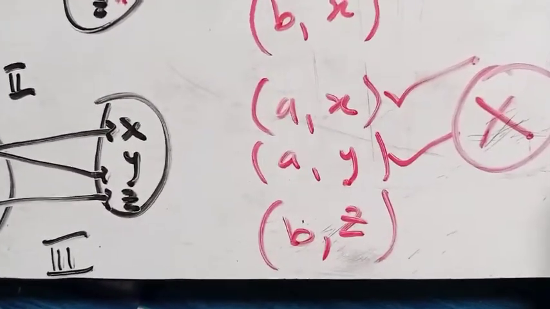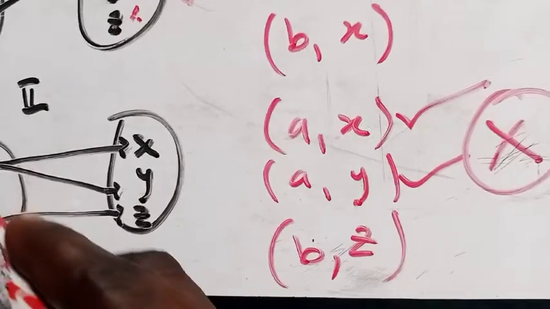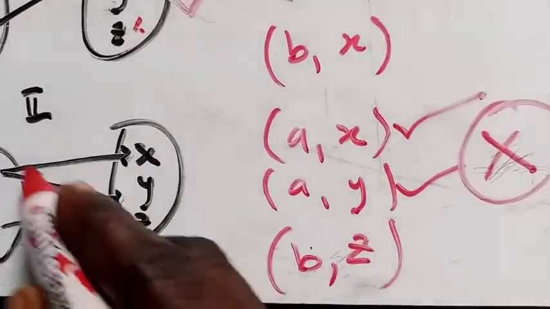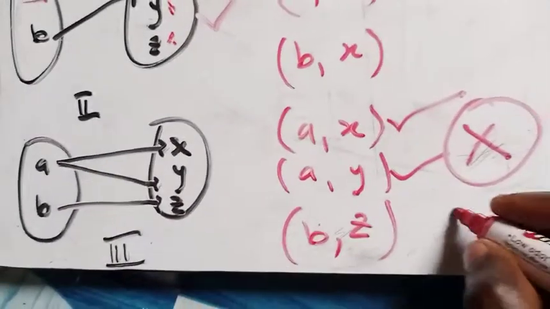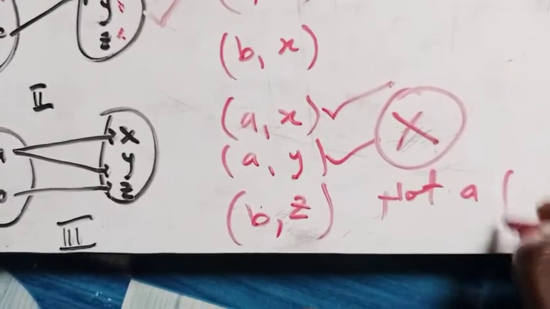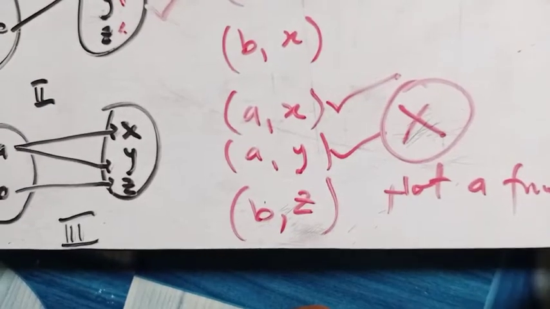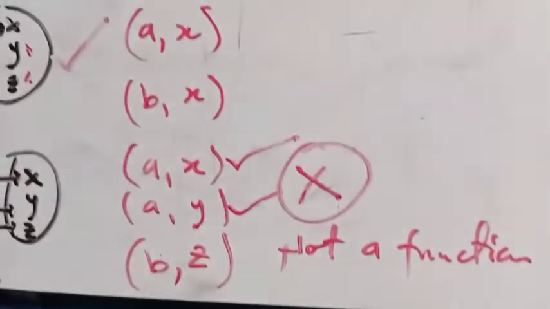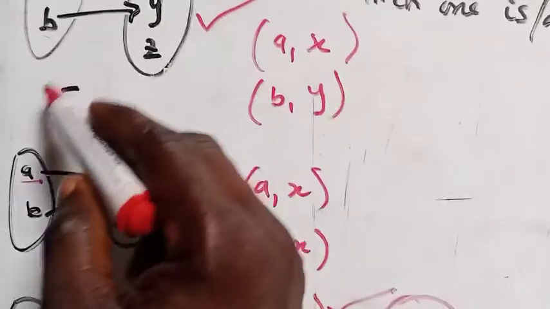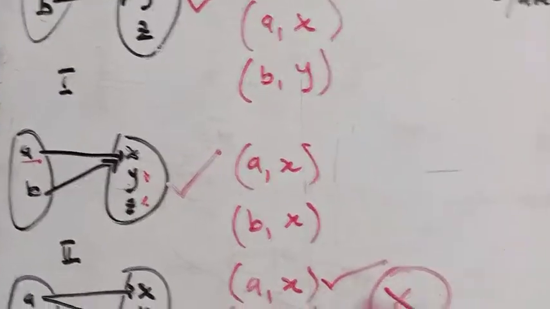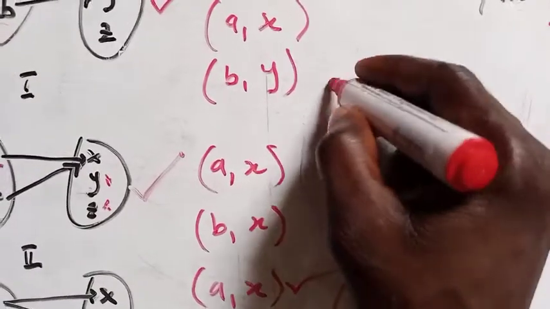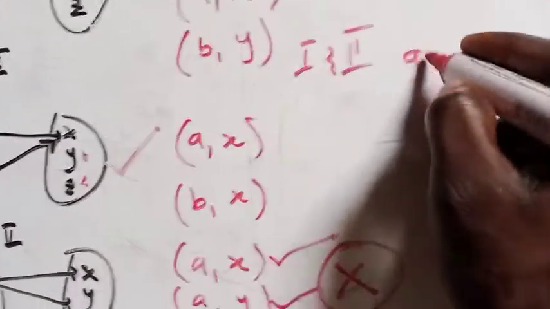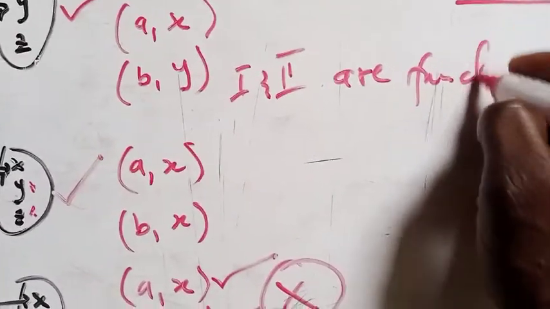So if this happens in mathematics or something of this nature, we say that it is not a function. So the only functions you have at this point are the first and the second diagrams, right?